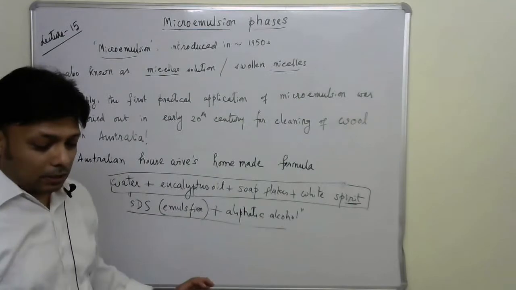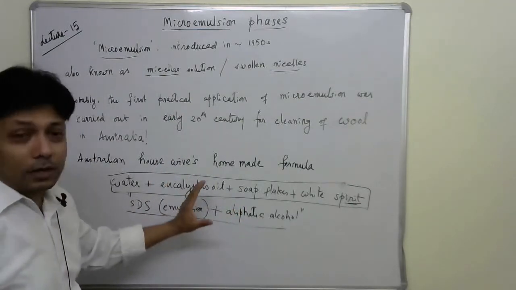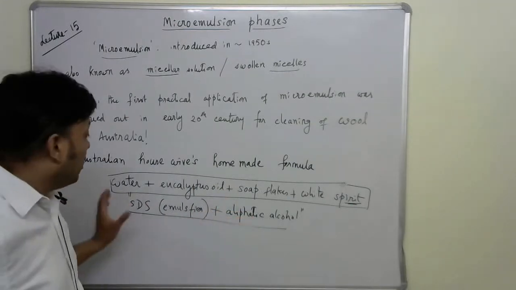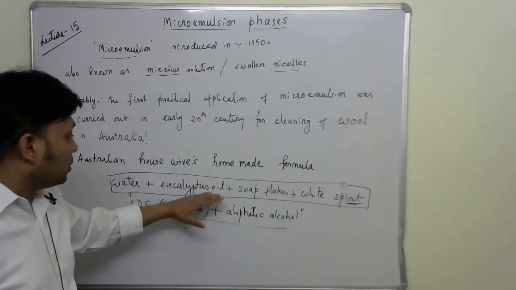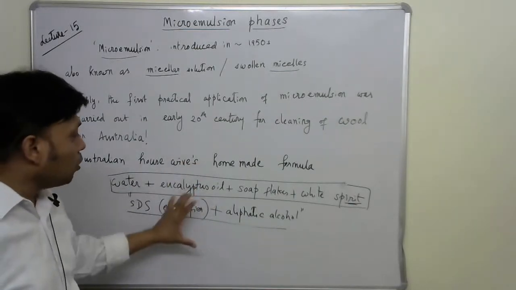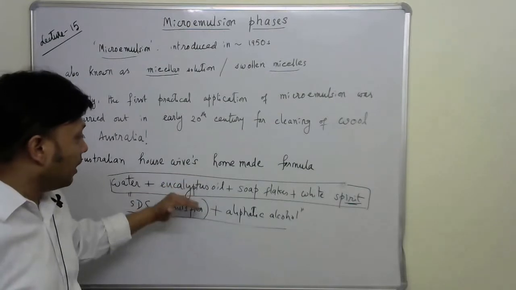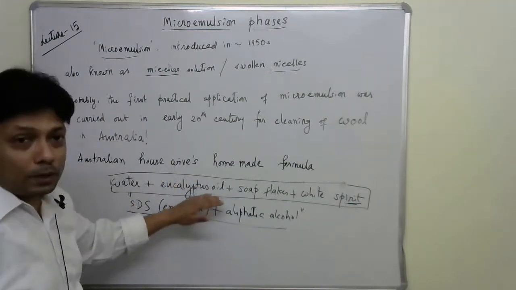So you see how accurate those Australian housewives were in making the correct composition. So the eucalyptus oil was actually the source of oil, that means the non-polar solvent, having this hydrophobic layer.